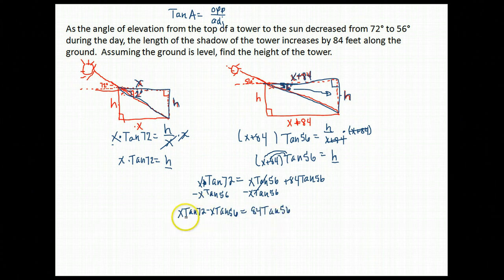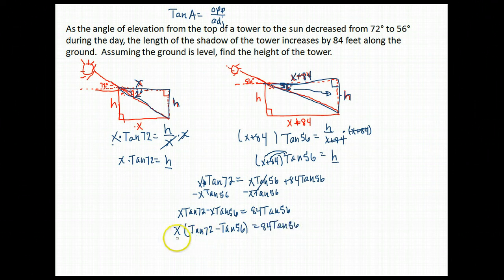I have my x's over here, but I need just a single x, and notice using factoring I can do that. If I just pull an x out, then I'll have x times tangent 72 minus tangent 56 equals 84 times the tangent of 56.